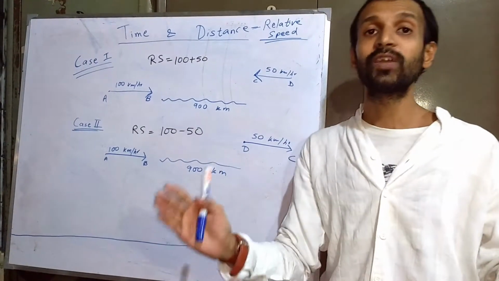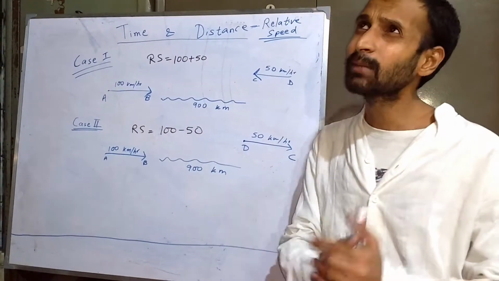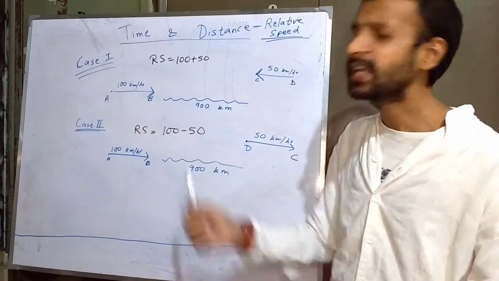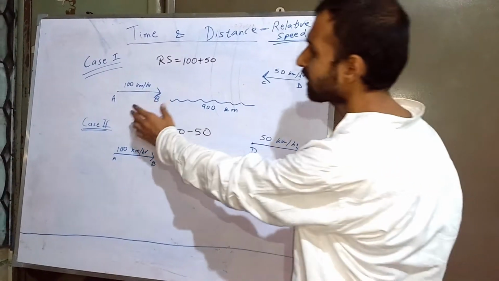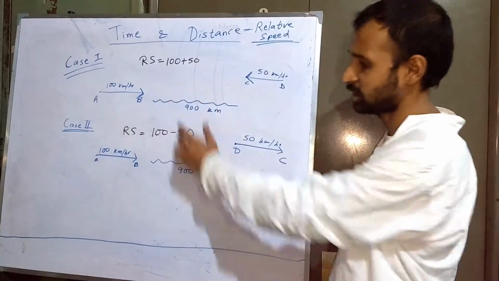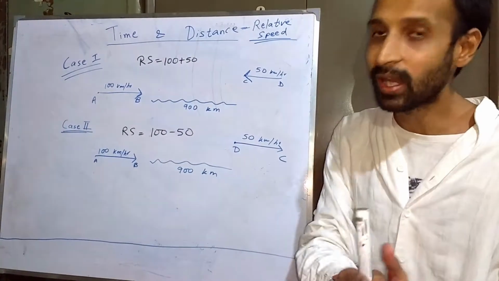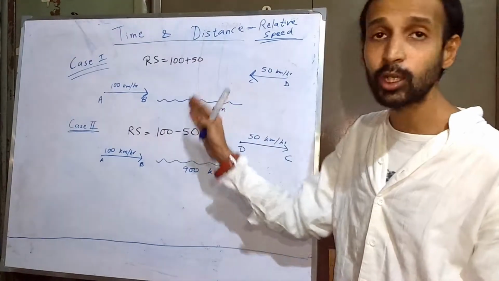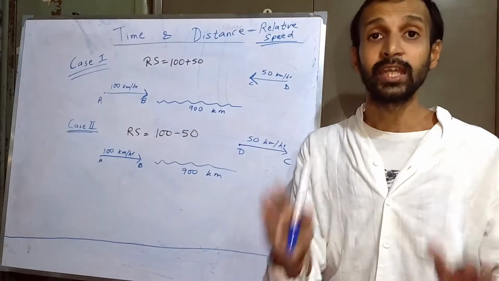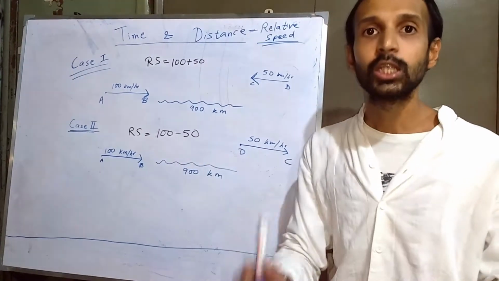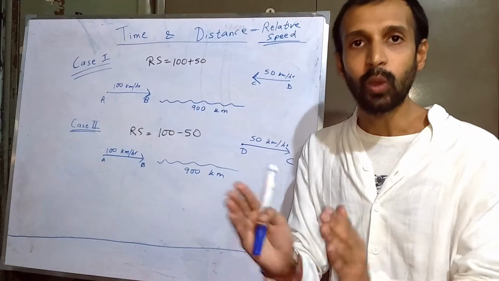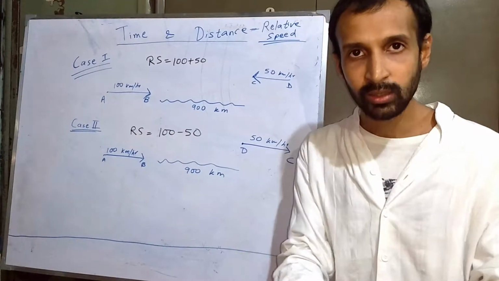When two trains are moving towards each other, now think about it. In every 1 hour, this train is moving 100 kilometers in this direction. At that same 1 hour, this train is covering 50 kilometers from this direction. In short, the two trains together are covering 150 kilometers in one single hour, right?